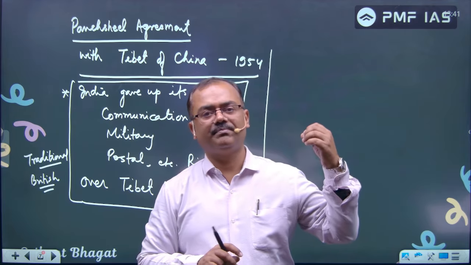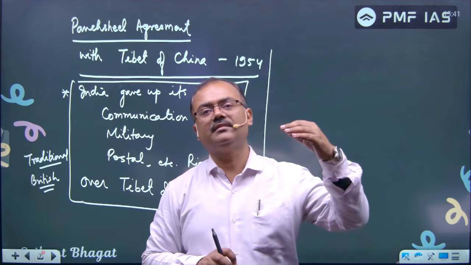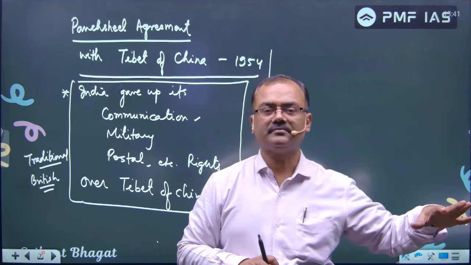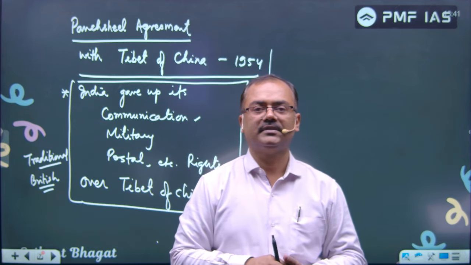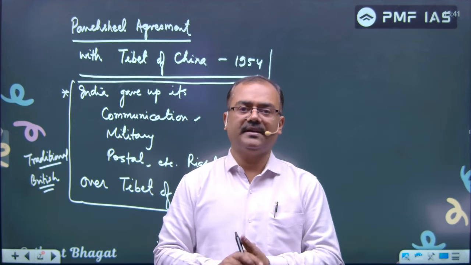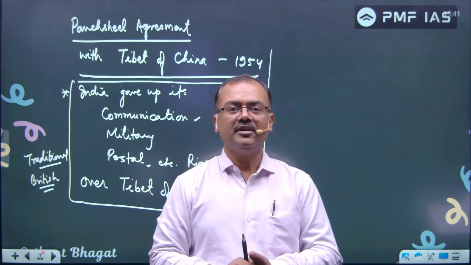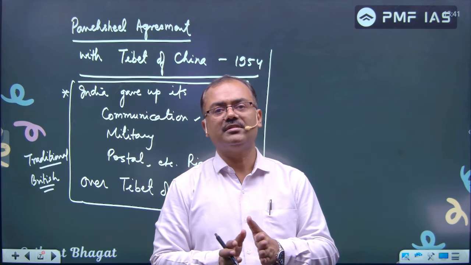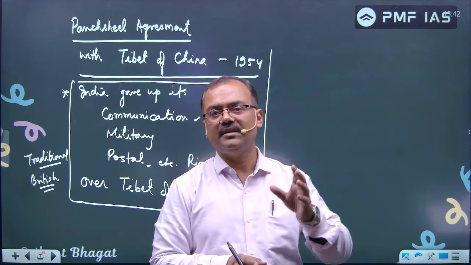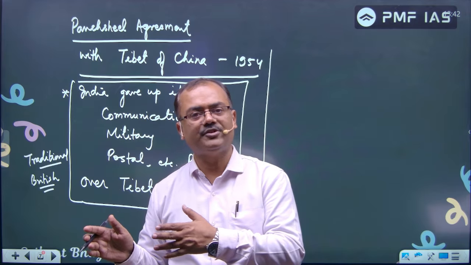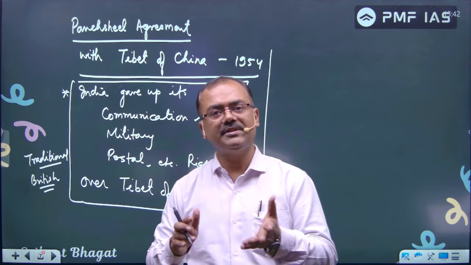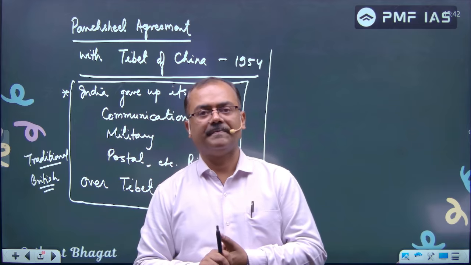This government, People's Republic of China, was in exile. It was running from Taiwan. And there was Republic of China. Republic of China was nationalist, and People's Republic of China was communist.